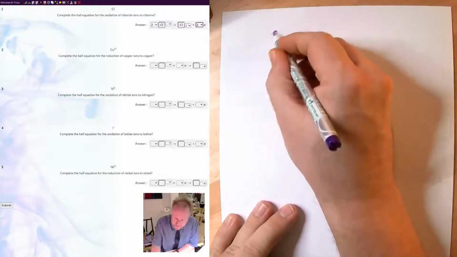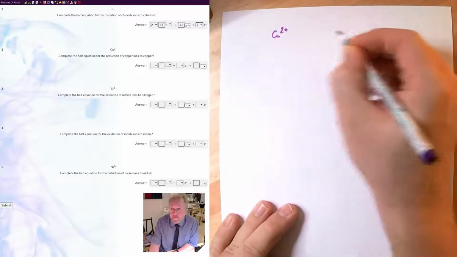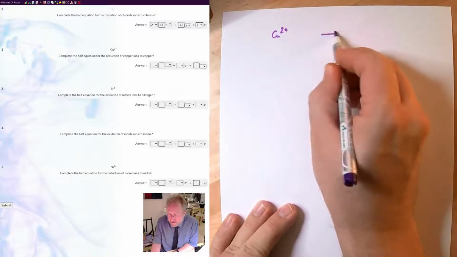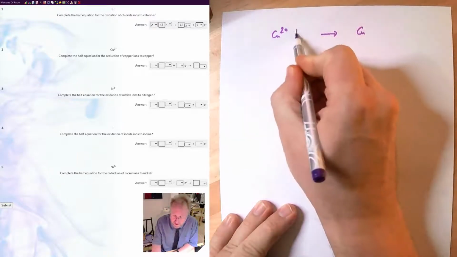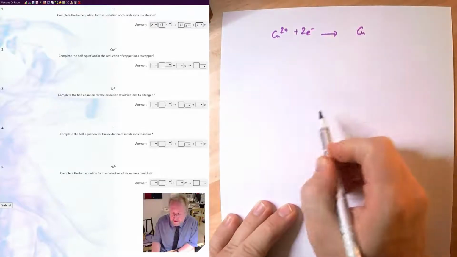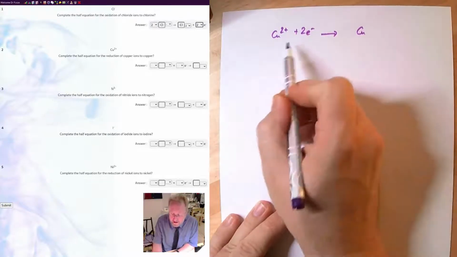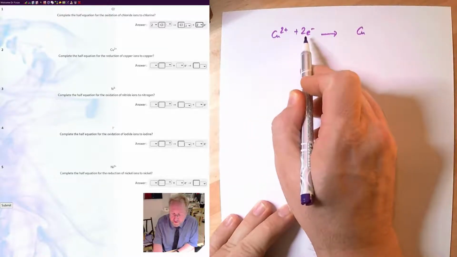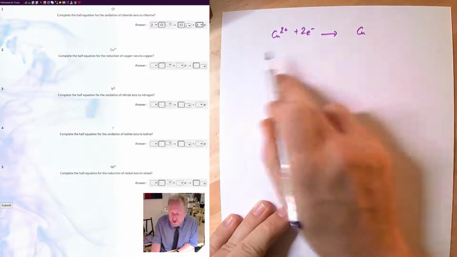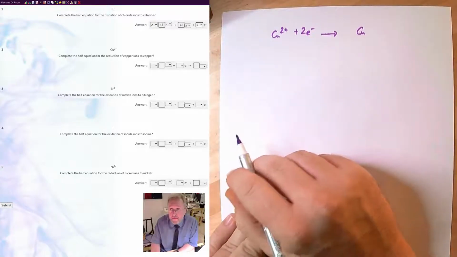So you've got Cu2 plus, and the formula will just be Cu because it's a metal, it's a giant structure. So we're going to have plus 2e minus goes to Cu. Very easy. Copper is 2 plus. It needs 2 electrons to make it neutral to form copper.